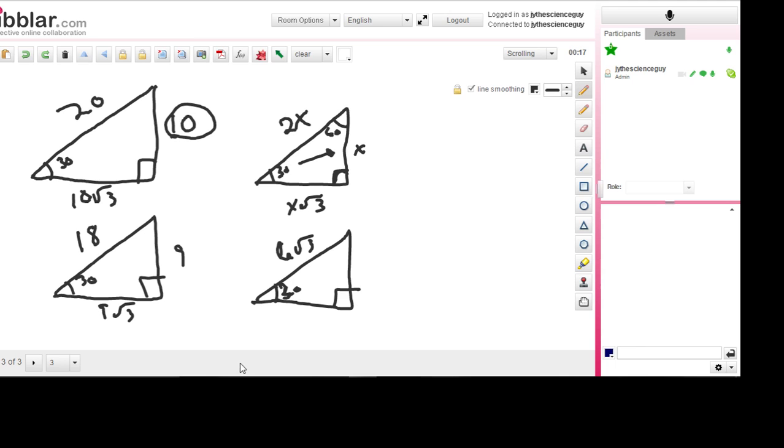What is that side of the triangle up here? It's the 2x side. So what you have is 6 root 3 is equal to 2x. Can you solve for x?